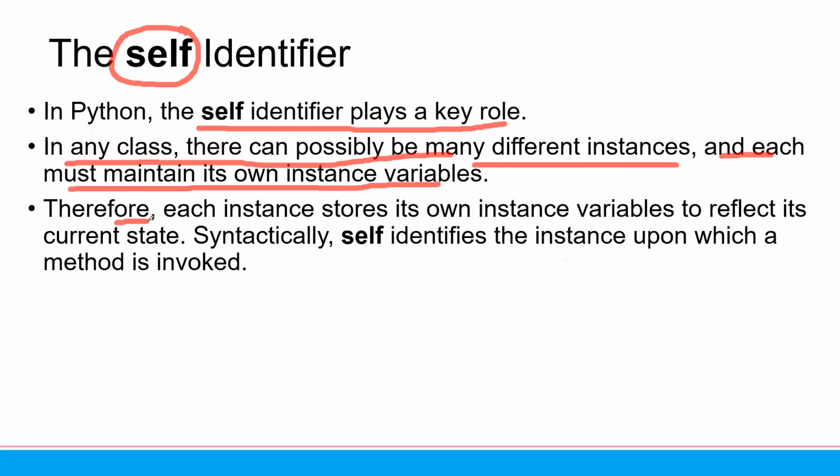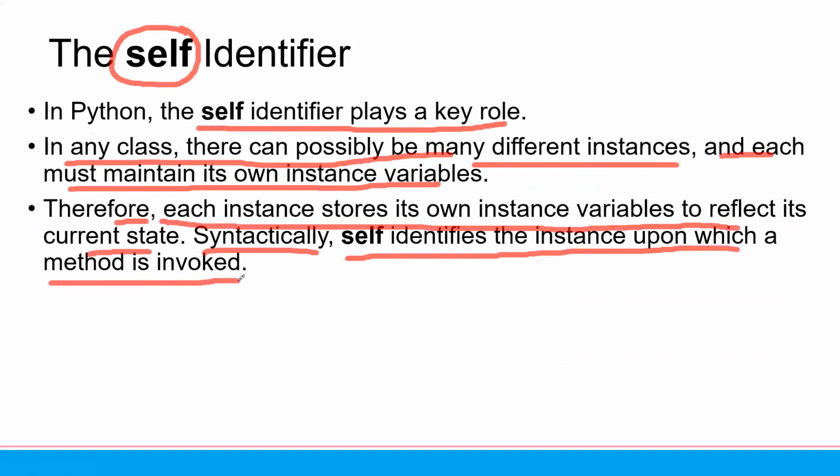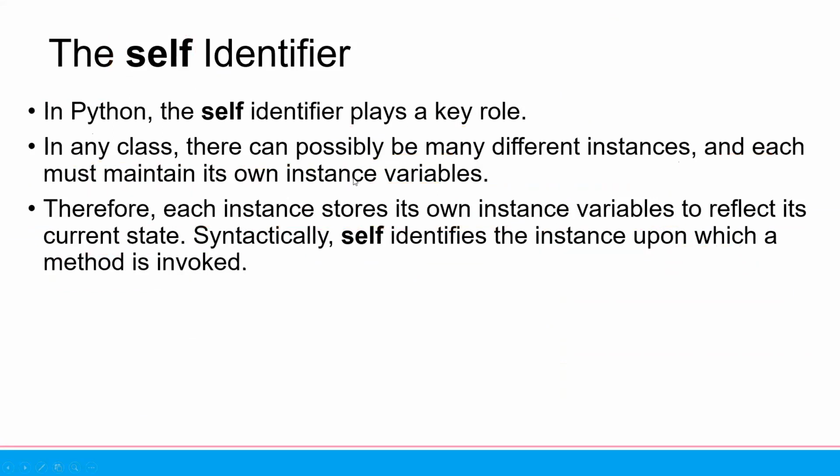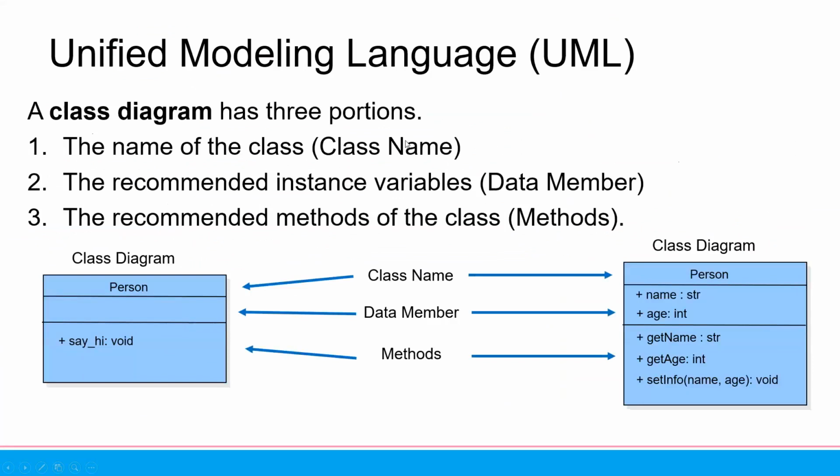Therefore, each instance stores its own instance variables to reflect its current state. Syntactically, self identifies the instance upon which a method is invoked. Maybe you can understand this by an example.